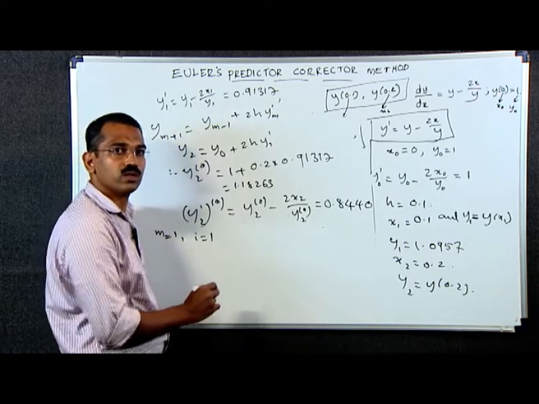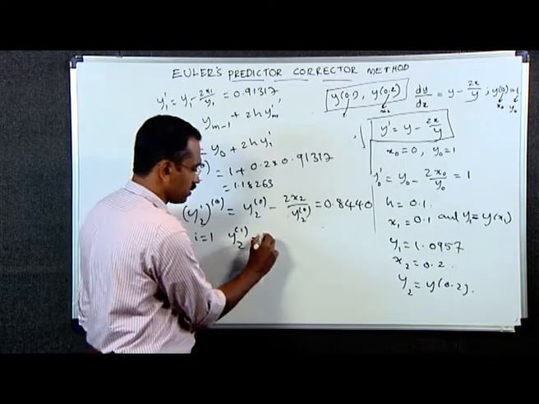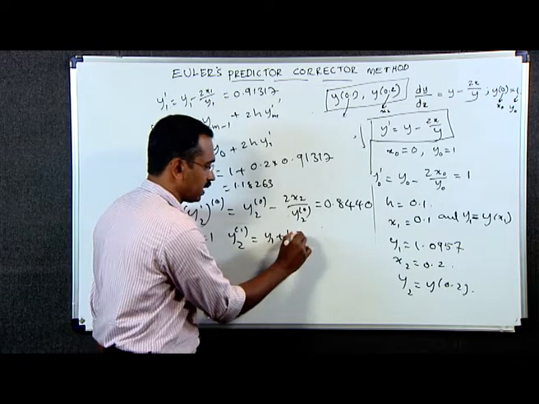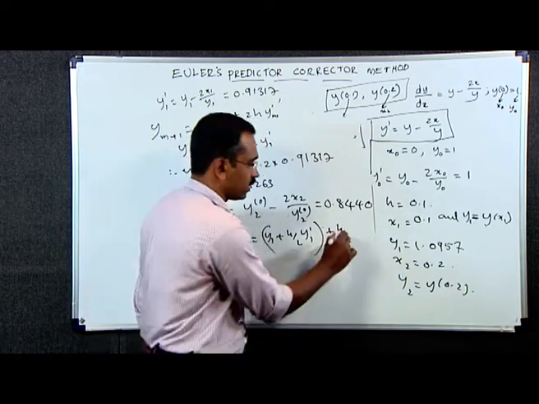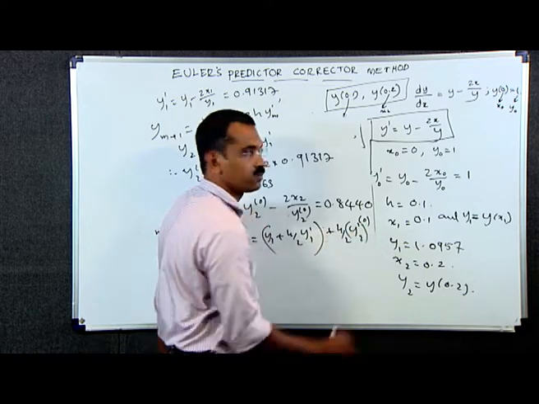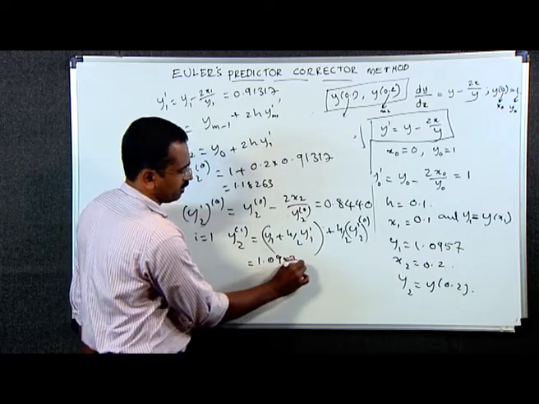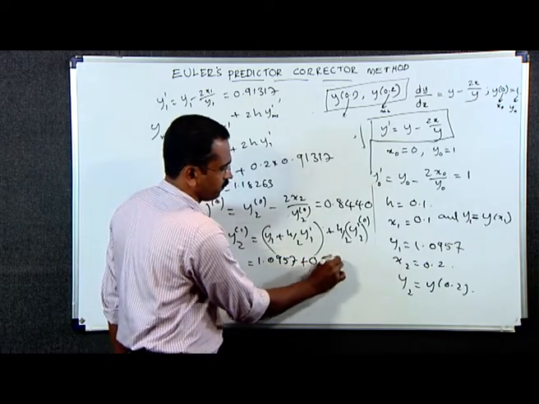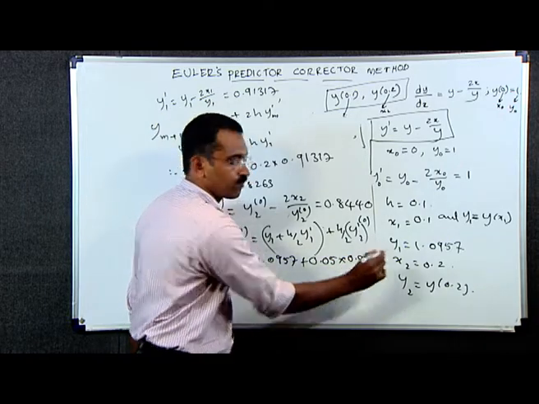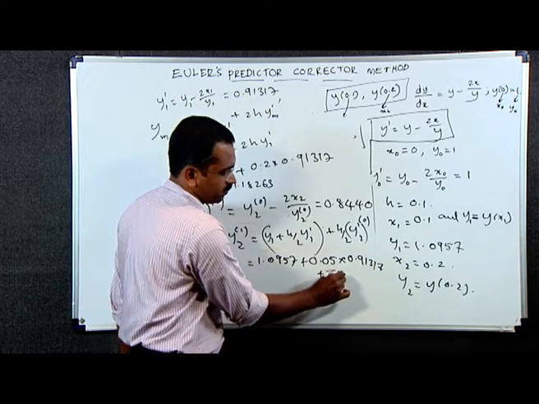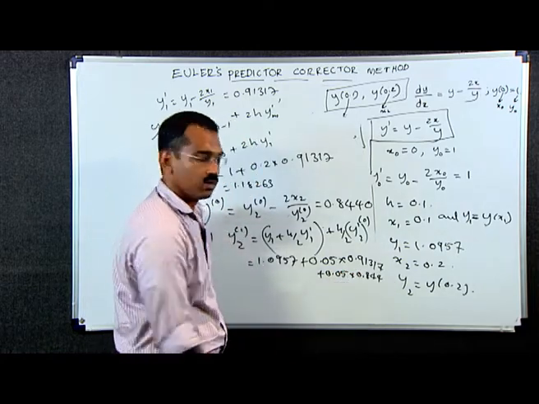Now, taking m equal to 1 and i equal to 1, we have y2(1) equal to y1 plus h by 2 into y1' plus h by 2 into y2'(0), which is equal to 1.0957 plus 0.05 into 0.91317 plus 0.05 into 0.84440.